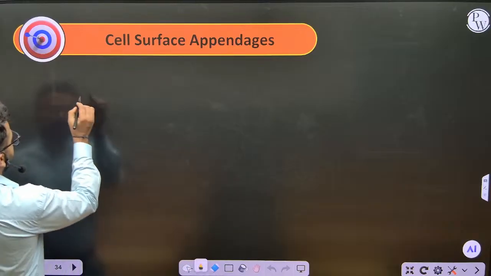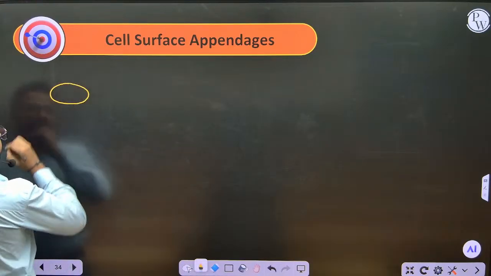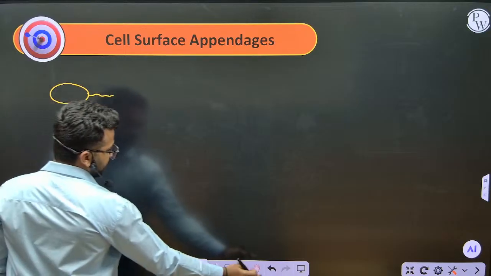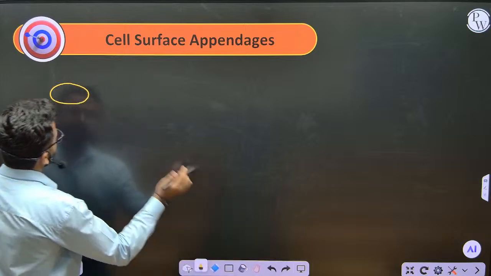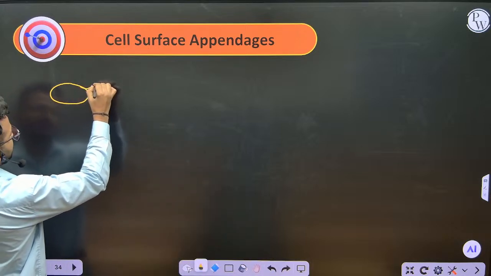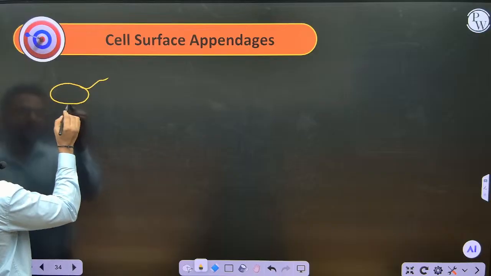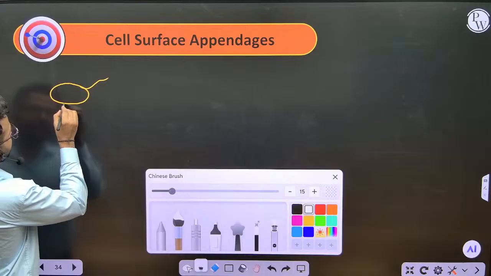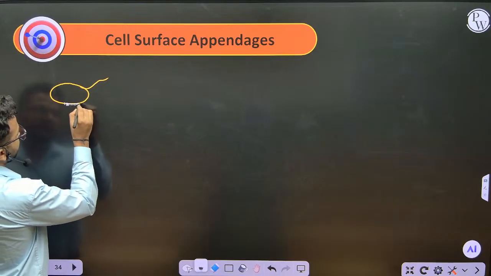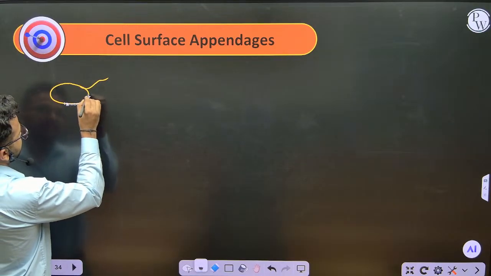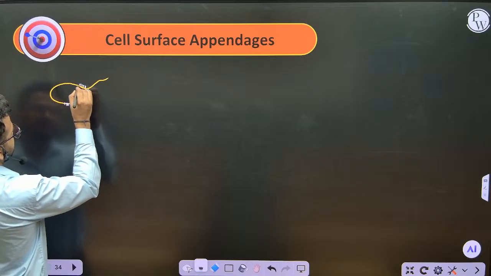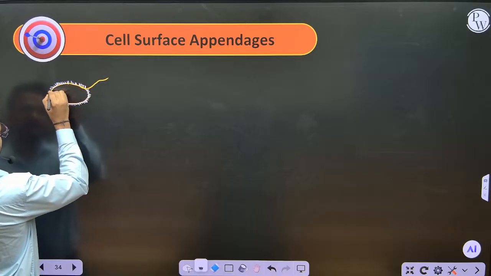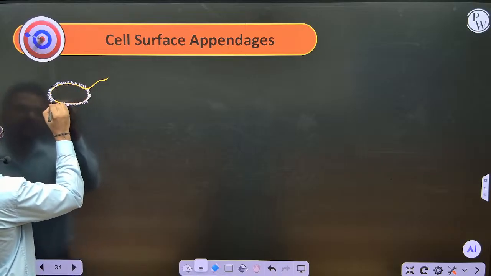Cell surface appendages in the sense, see, I am drawing a bacteria now. This bacteria will be having some cell surface structures like this. It will be having flagella, and it will be having many bristle-shaped structures like this on the cell surface, and that we call fimbriae.